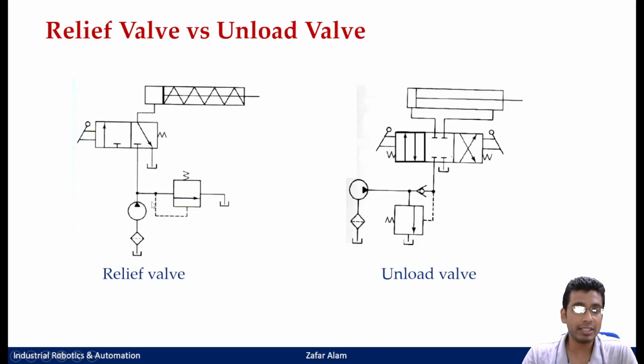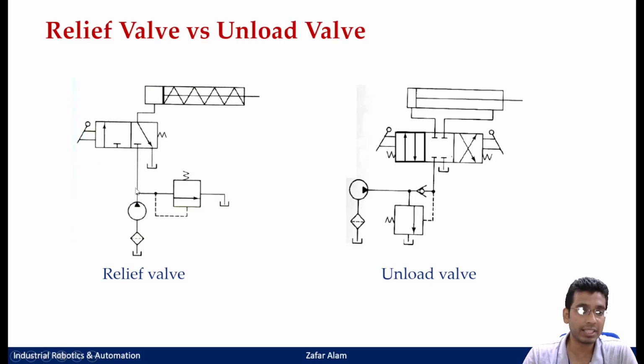However, in the relief valve case, if there is any blockage or if the cylinder has extended completely, then when the pressure starts to build in this line, the pump pressure line itself is used to push the spool up and connect your inlet port to your outlet port, and the pump has to continuously build that relief pressure to keep the inlet and outlet ports connected and drain the extra pressure.